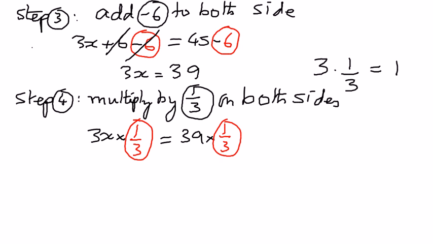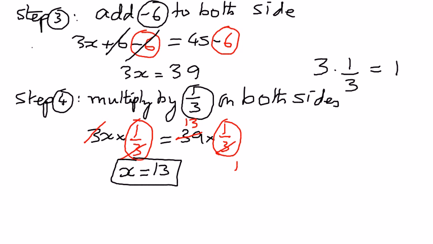When we simplify this, the 3 in the numerator and 3 in the denominator cancel out on the left hand side, and on the right hand side, 39 is a multiple of 3. 3 times 13 is 39. So on the left hand side, we are left with just x. x is equal to 13. We found the value of x as equal to 13.